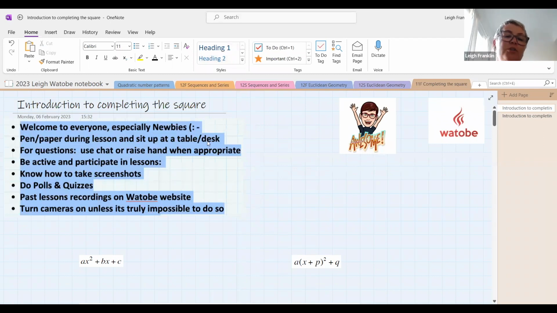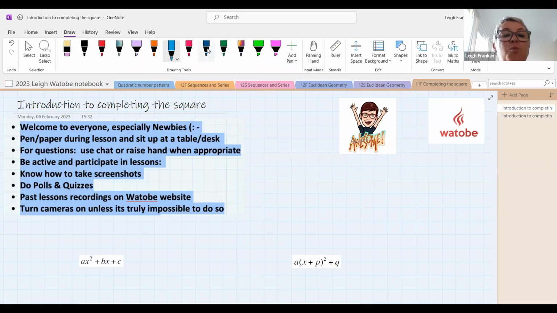Before we get started on the technique of completing the square, something that a lot of us really struggle with is to understand the difference between an algebraic expression, so I'm just going to write the word expression, versus an equation.